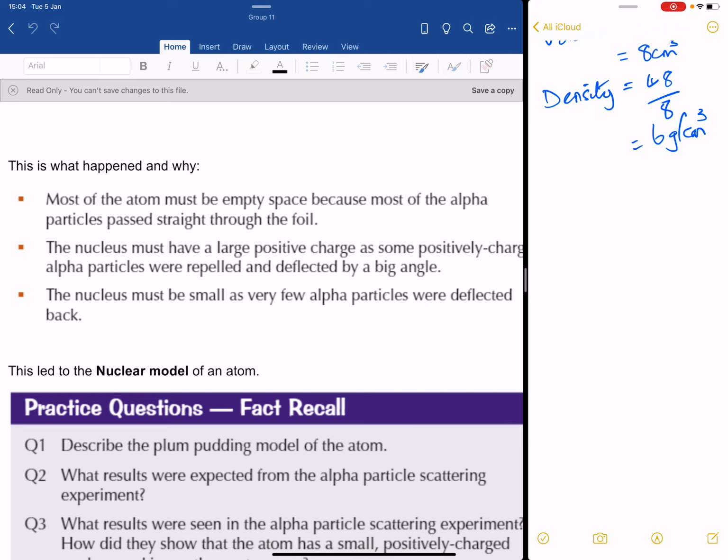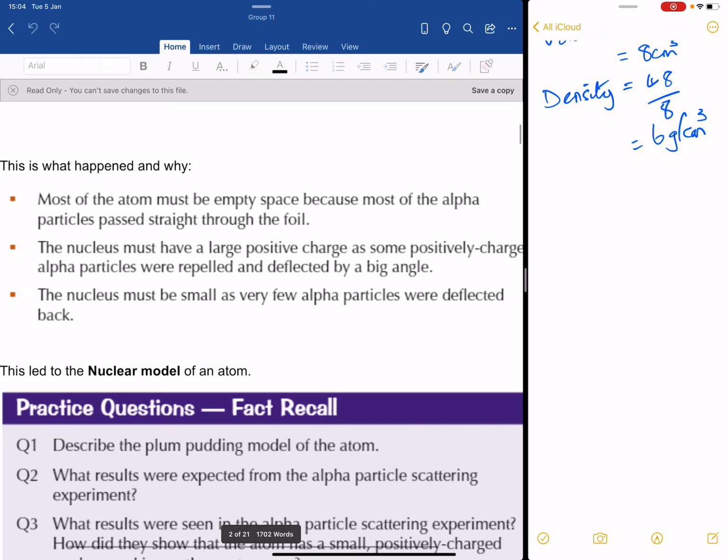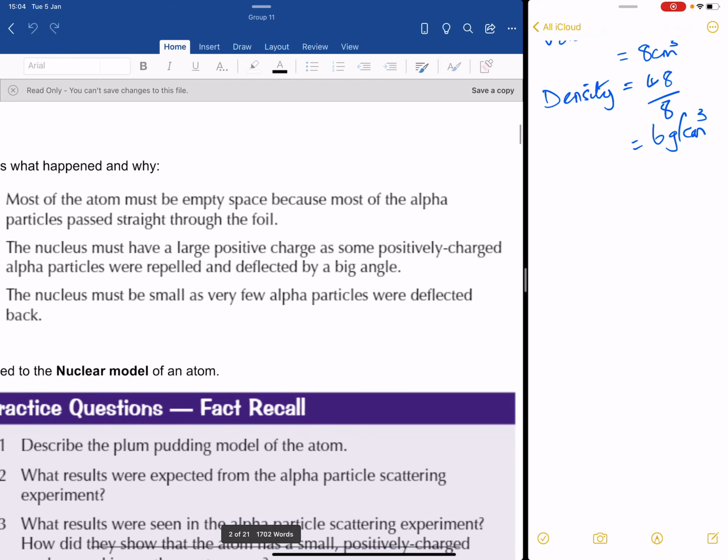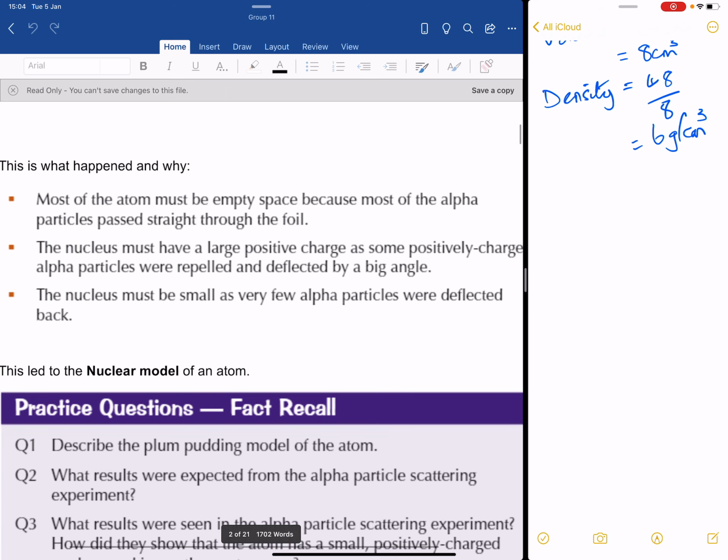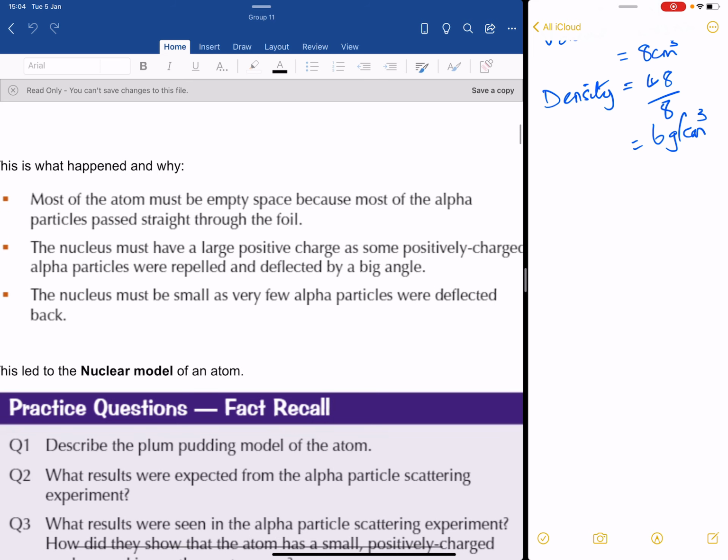Most of the alpha particles went straight through because he said, well, most of the atom is empty space. Second thing, the nucleus must have a large positive charge, as some positively charged alpha particles were repelled and deflected by a big angle. Again, this was an angle of greater than 4 degrees.